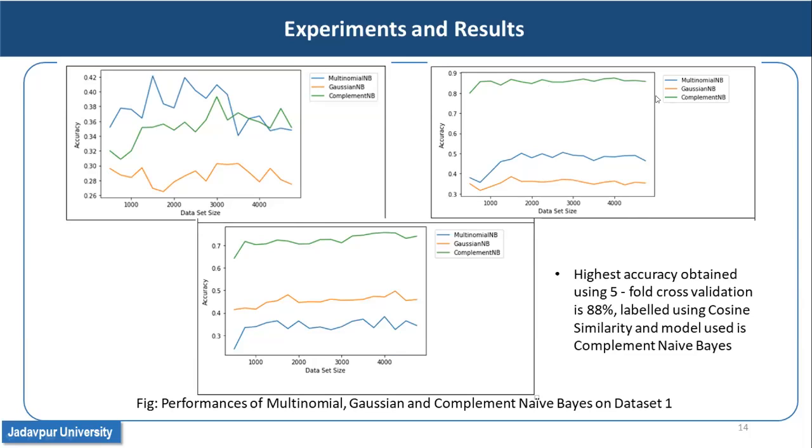For example, here the complement naive Bayes has the highest accuracy. For the others, the multinomial naive Bayes and complement naive Bayes may be equal, but mostly the complement naive Bayes has been found to have the higher accuracy in general.